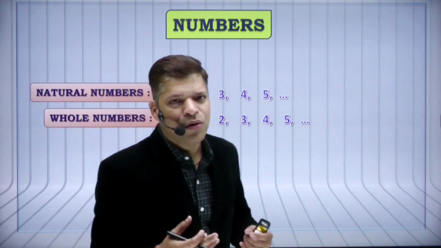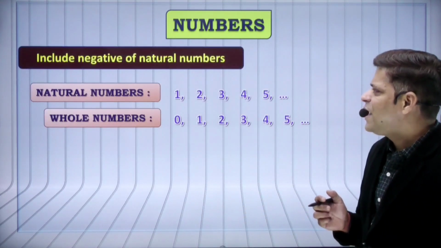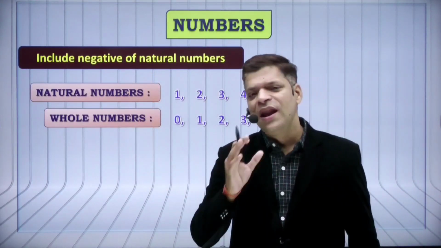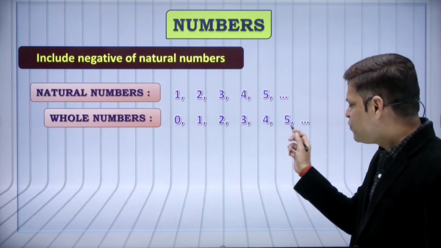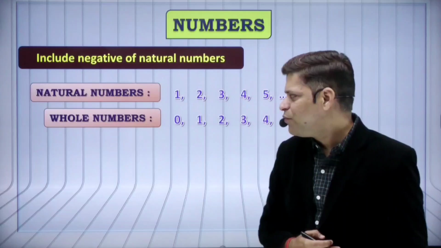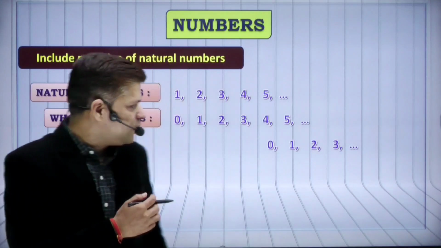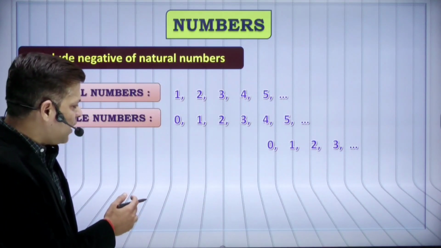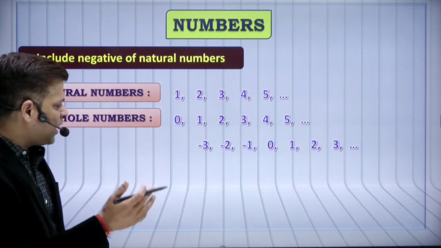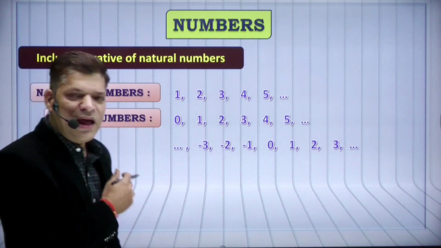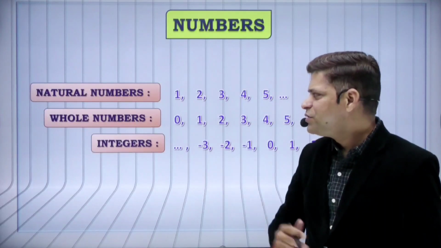Now if we include the negatives of natural numbers in the series 0, 1, 2, 3, 4, 5 and so on, that is -1, -2, -3 and so on, then this sequence of numbers is called integers.